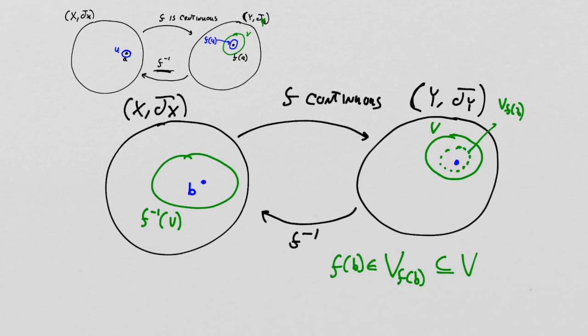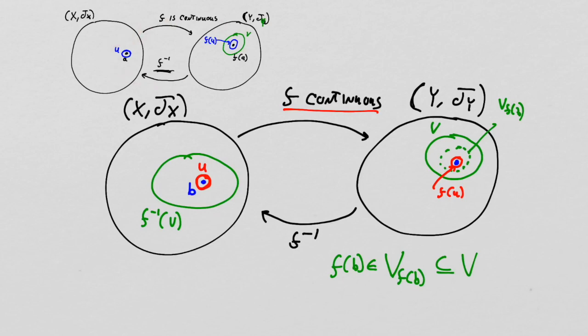In other words, I know that there is some open neighborhood around b, which I'll call U. And I know that f(U) has got to be inside V, the neighborhood of f(b). That's by the definition of f being continuous.